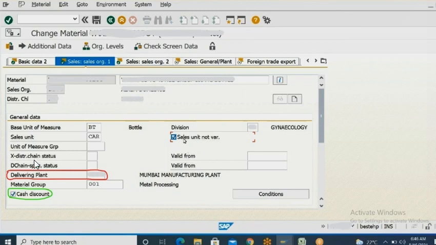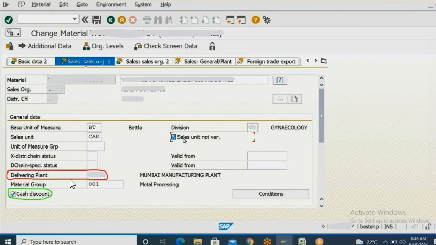Next, X distribution chain status. This field will help to block the material for sales across all distribution channels.